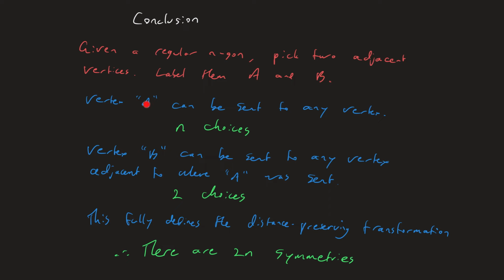For vertex A, it can go to any vertex, including itself, which we'll come to in a second, and so there are n choices because there are n vertices. B must be sent to a vertex which is adjacent to where A was sent, so there's only 2 choices for B, and that means in total there are 2n symmetries.